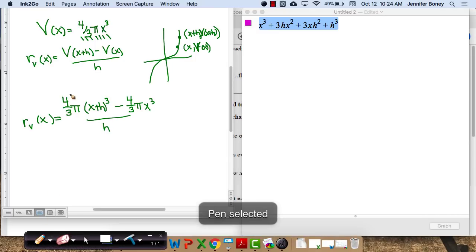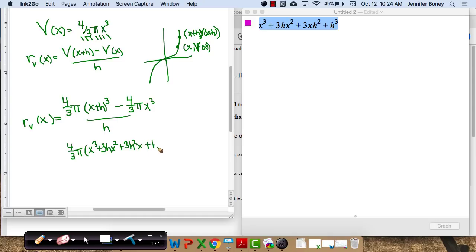So this numerator, there's a 4/3 pi times all of that, x cubed plus 3hx squared, 3h squared x, and h to the 3rd power, minus 4/3 pi x cubed. And it's all over h.